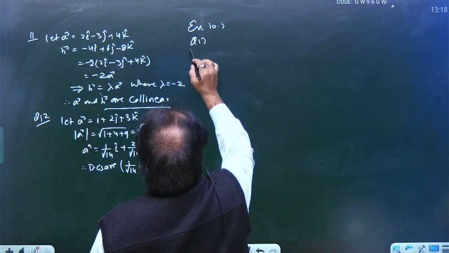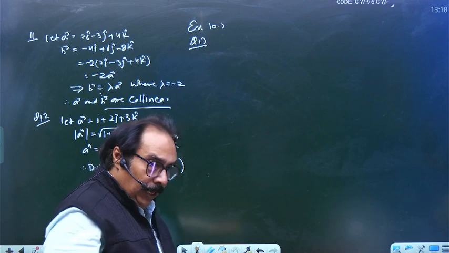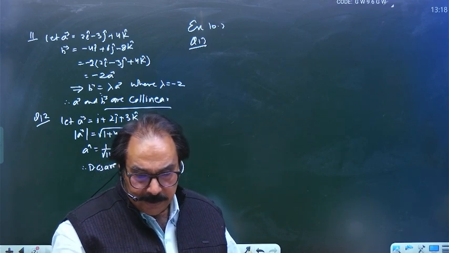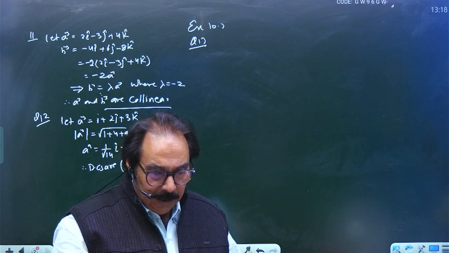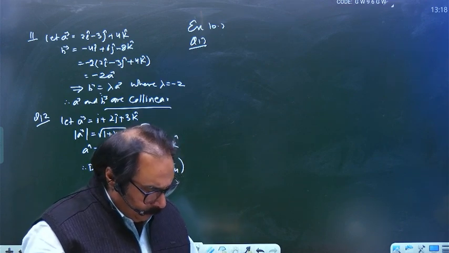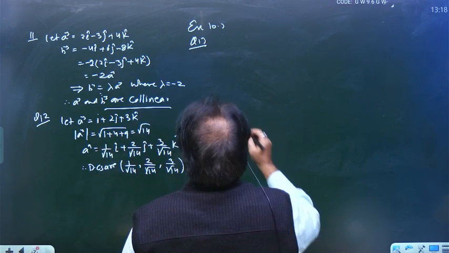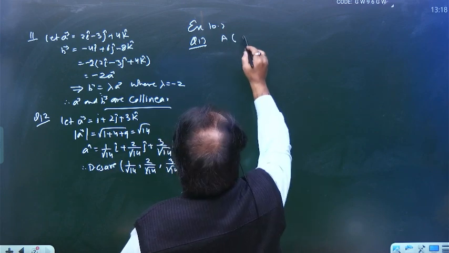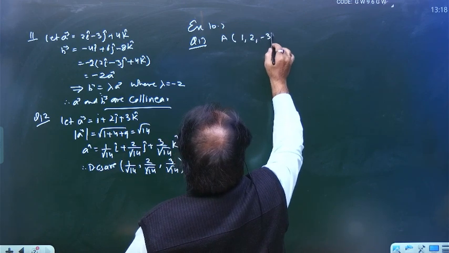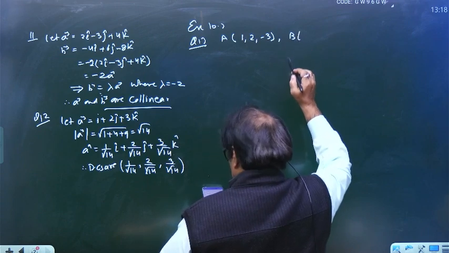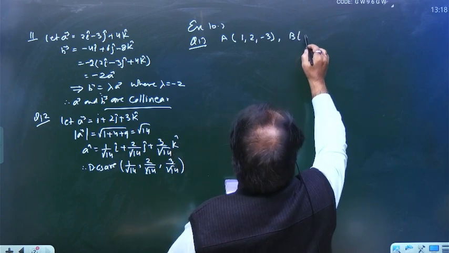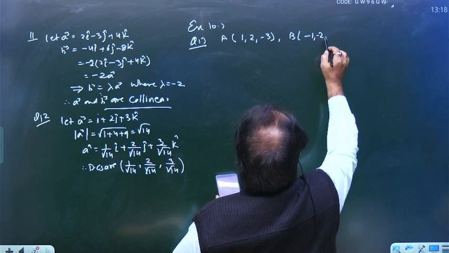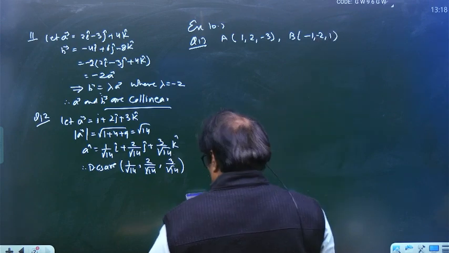Next is question number 13: find the direction cosines of the vector joining the points directed from A to B. Point A is 1, 2, minus 3, and point B is minus 1, minus 2, 1.